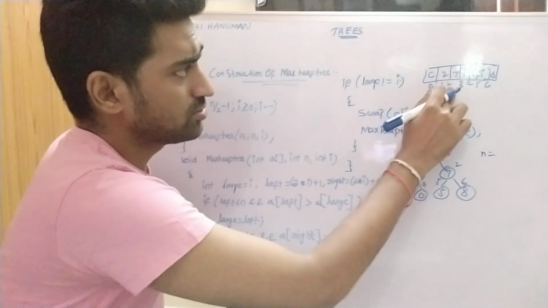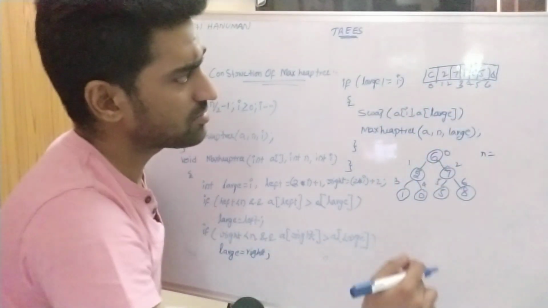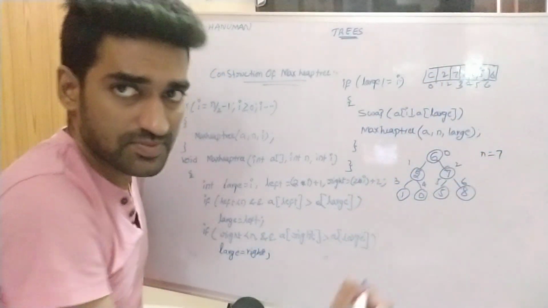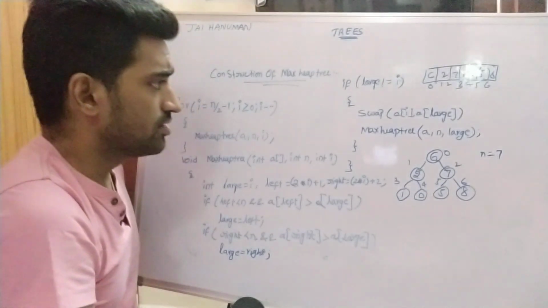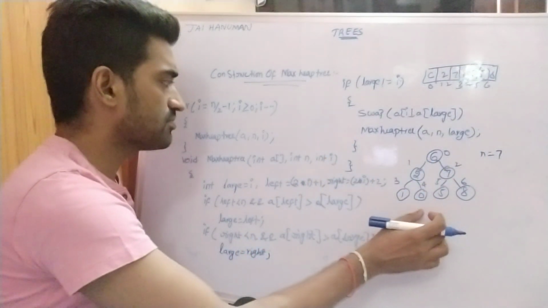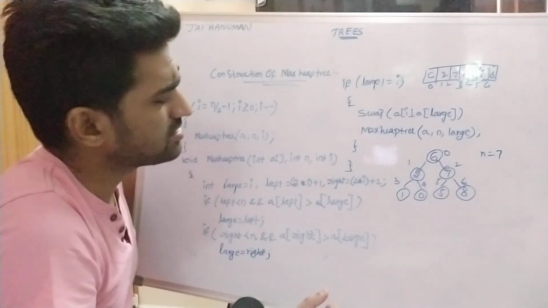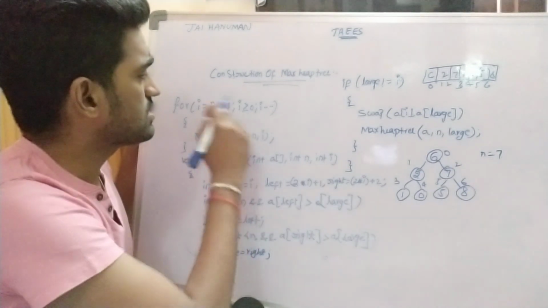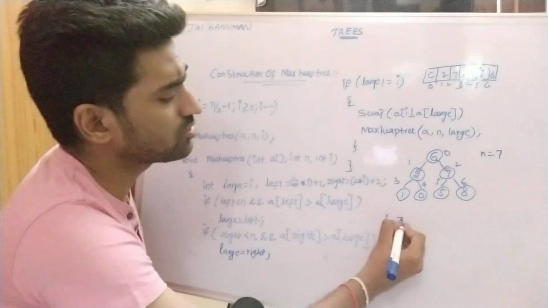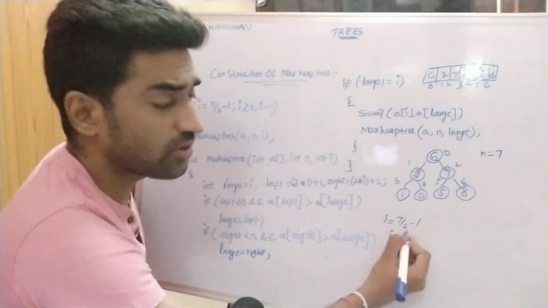The number of elements is 1, 2, 3, 4, 5, 6, 7, so the n value becomes 7. Here I am tracing this example with the help of this code. Initially I is equal to n by 2 minus 1, which means 7 by 2 minus 1, which is equivalent to 3.5, so the floor of 3.5.